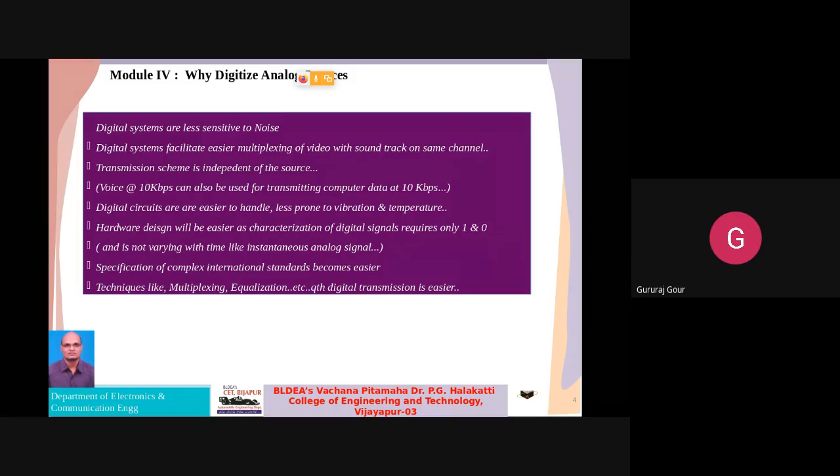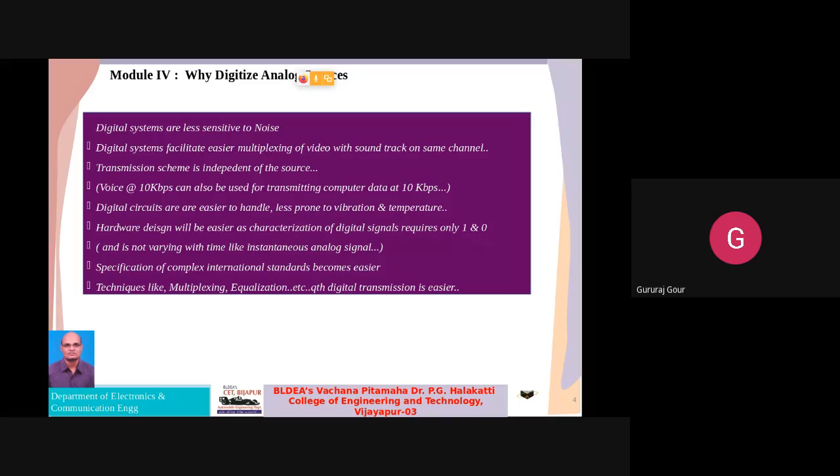So the next reason we can quote for digitizing the analog sources is that specification of complex international standards becomes easier. We can easily adopt any kind of international standards, even complex ones.